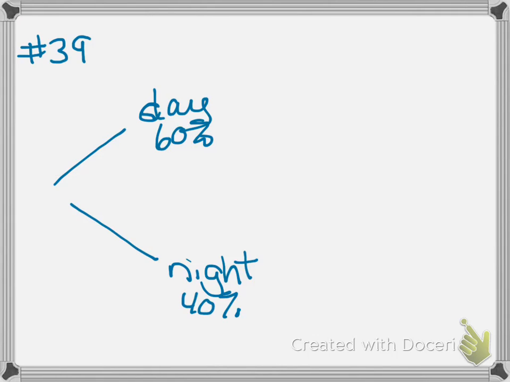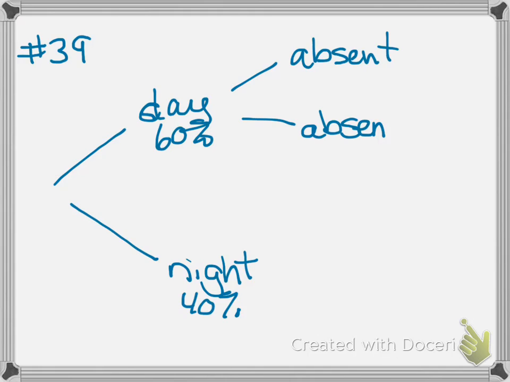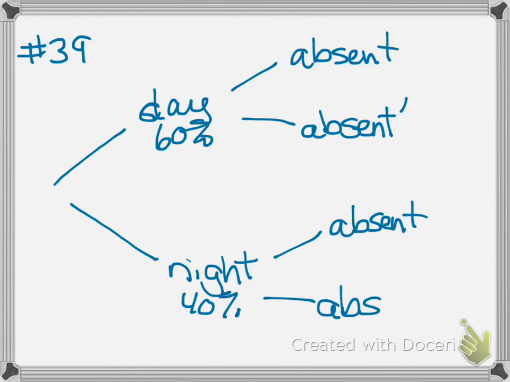All right, so either you're absent or you're present. But I'm going to write not absent. You can write present, not absent, and then absent, and then not absent. Now remember, for a tree, whatever is your second branch has to be the same. They have to be able to repeat it.